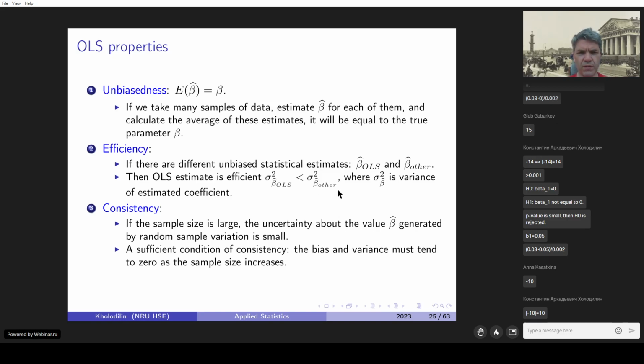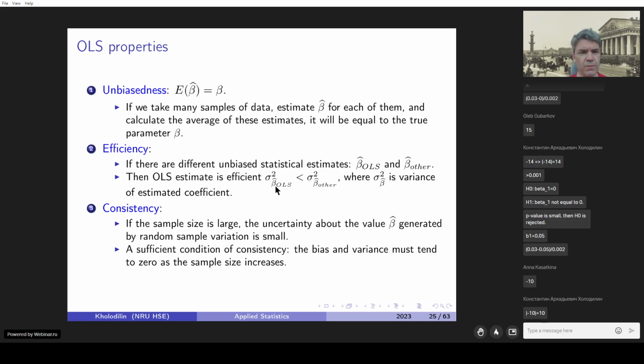Okay, another nice property, because the smaller the standard error of the parameter estimate, the more precise we are, the more confident we are about the true value of beta, and the narrower the confidence interval will be.